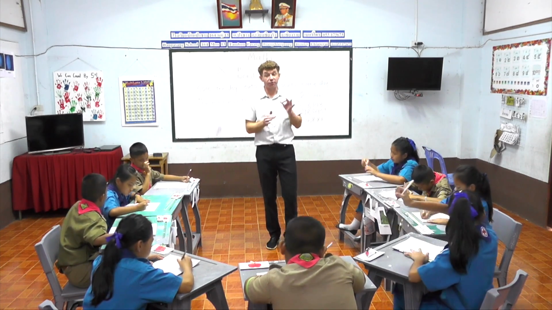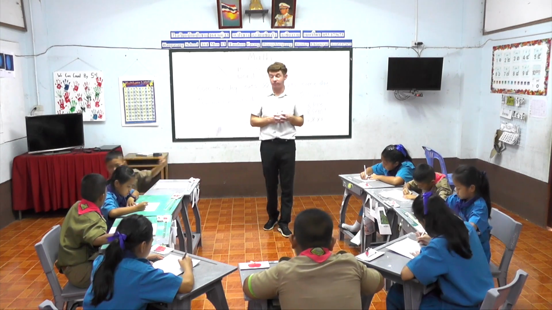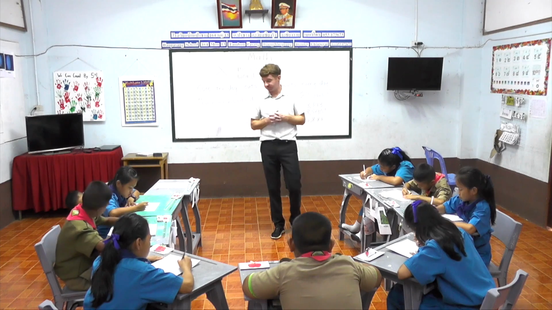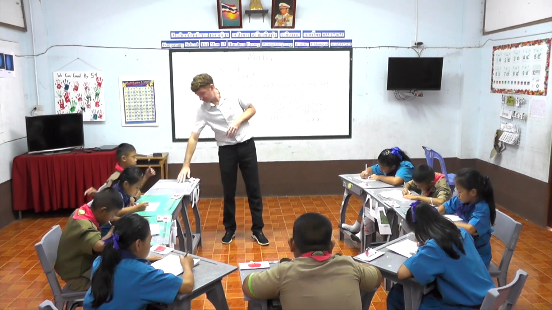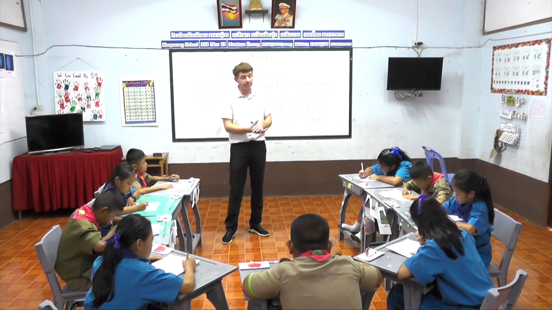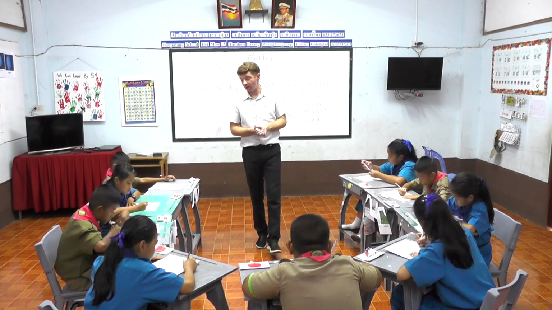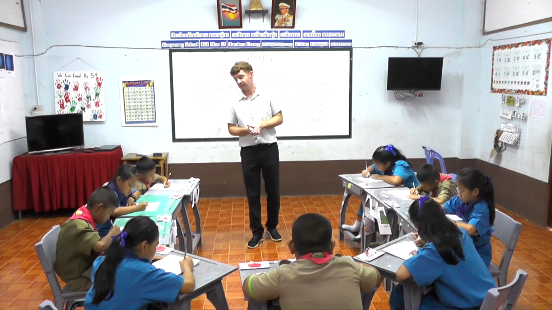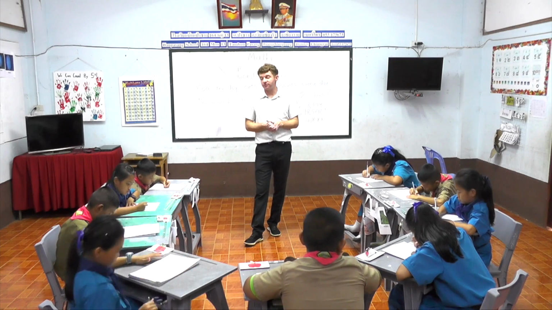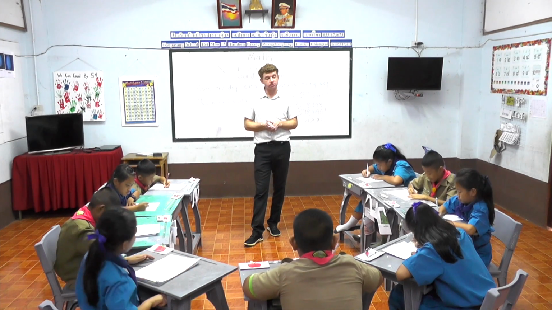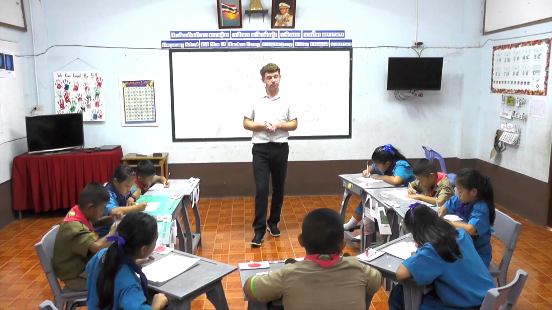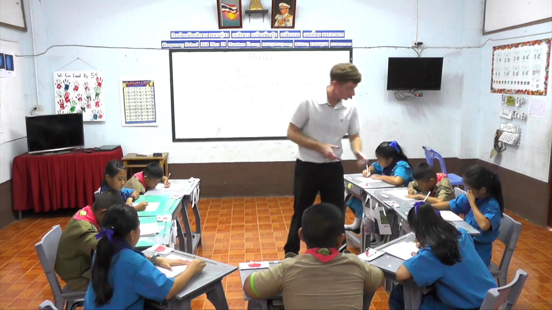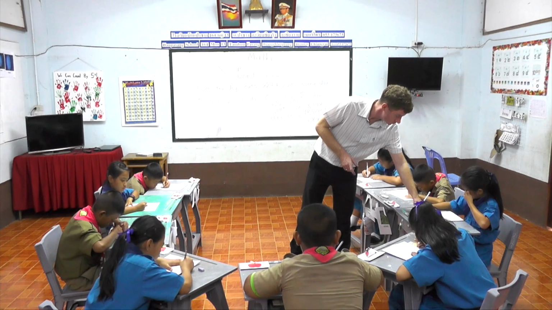So guys, 3 multiplication word problems. Let's read them carefully and identify the correct numbers. So the first one, in a scout camp, there are 32 groups of scouts. And each group has how many scouts? How many scouts in each group? 12.